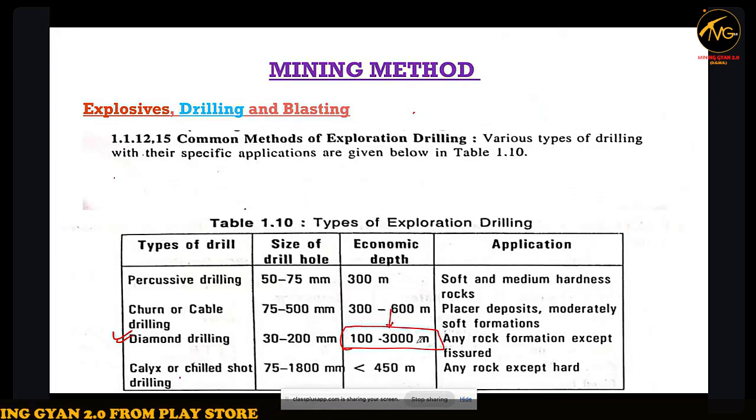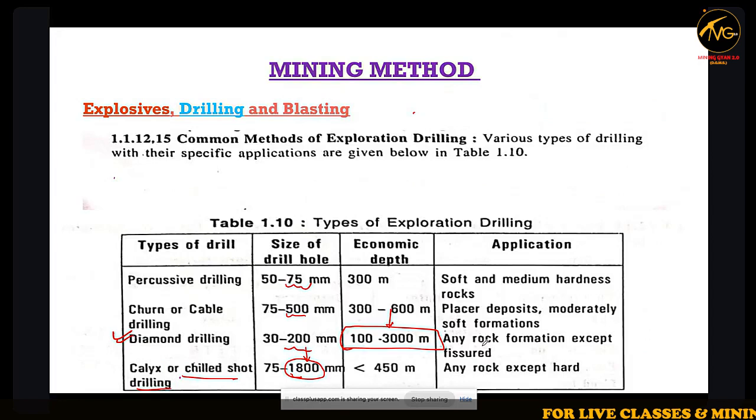You can go up to 3000 meter, and the diameter is 200, not more than this, because the largest diameter you can drill is with chilled shot drilling. The smallest diameter is percussive drilling, and the maximum for cable drilling is 500. So percussive drilling is used in soft and medium rock, while diamond drilling you can use for any type of rock, up to 3000 meter depth.